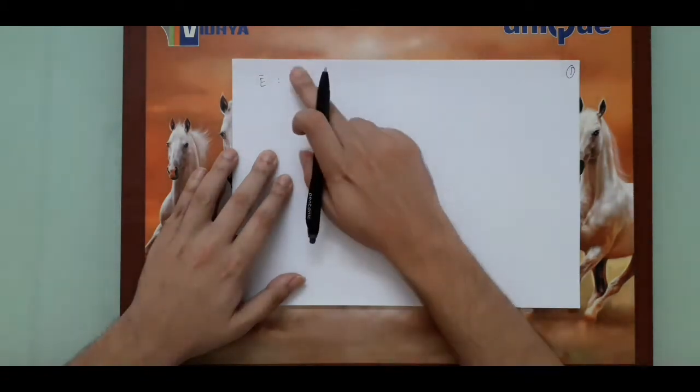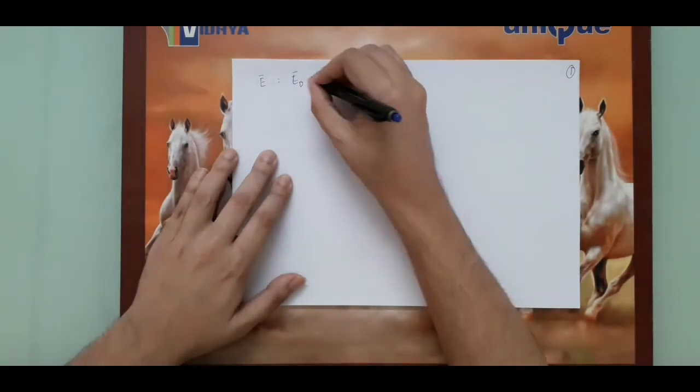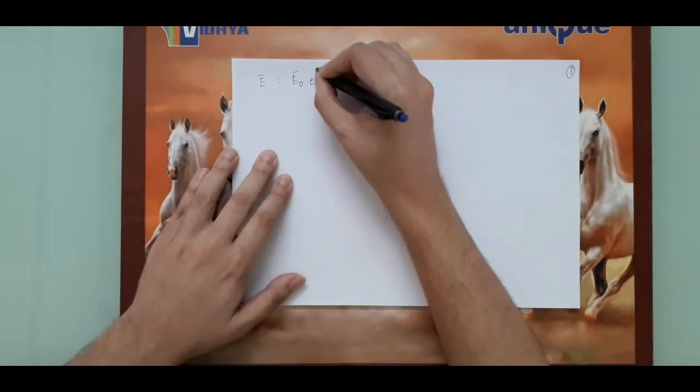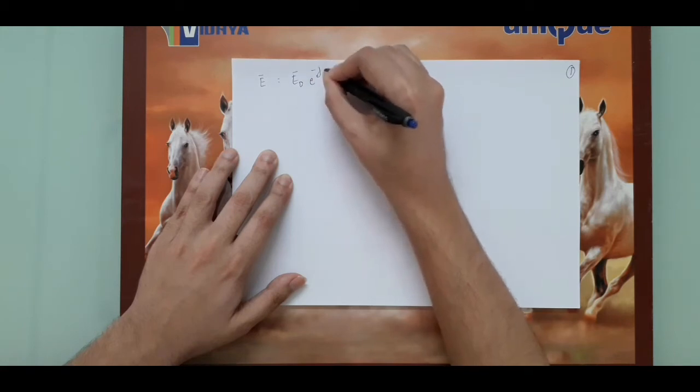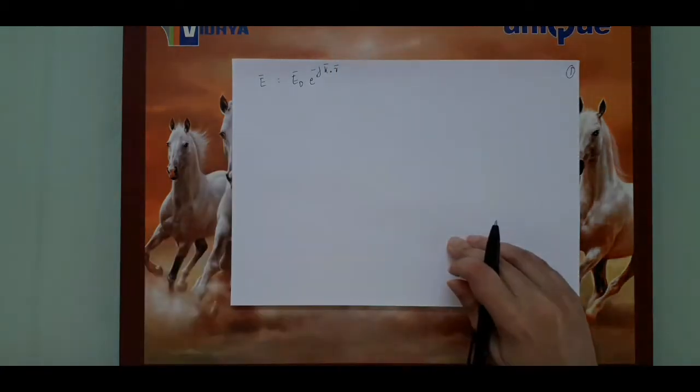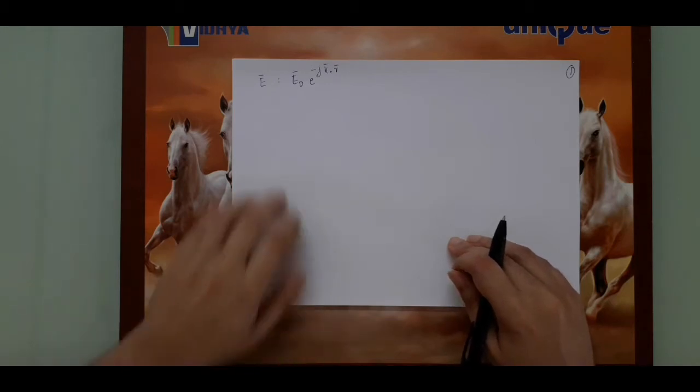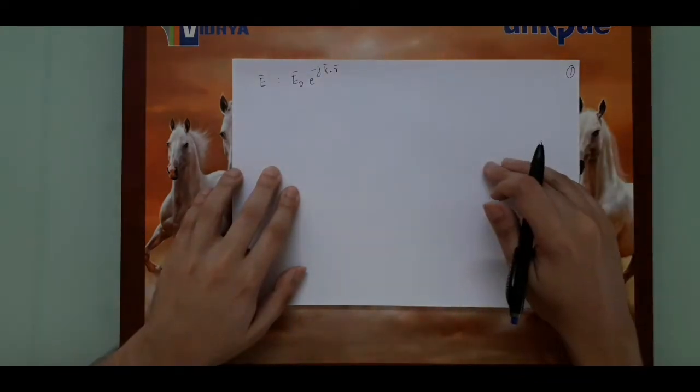So it is the magnitude as well as the direction. Now this times the phase notation, that is e raised to minus j k dot r. Or rather, if I'm not wrong, it is r dot k, but it's one and the same thing.